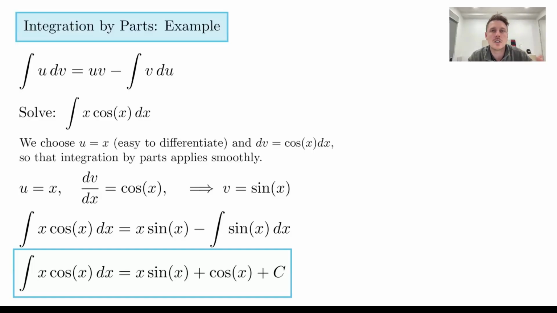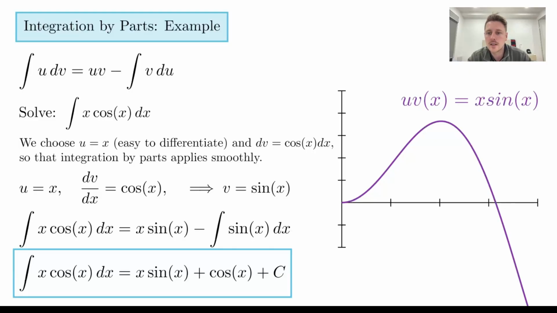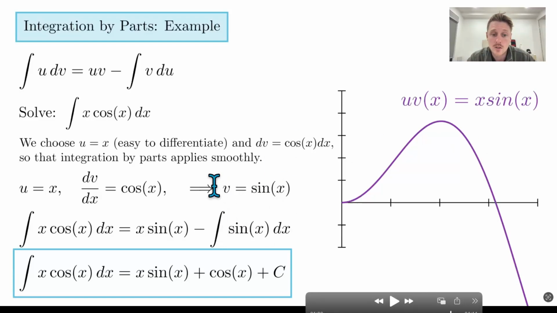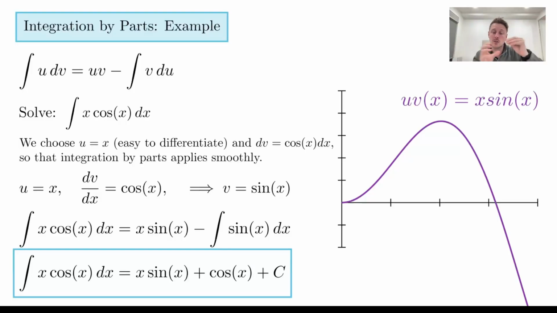Okay, if we're just thinking in terms of these functions and relating it a little bit to that previous analogy we had, if we were to draw this, this is our original rectangle. So this is our u times v, which was equal to x sine x, remember. So u was x and v actually turned out to be sine x. And so the area of the rectangle, remember, was made up of those vertical and horizontal contributions to make the total area.